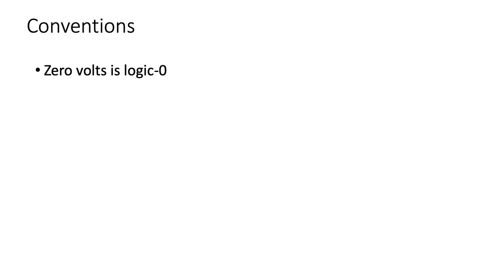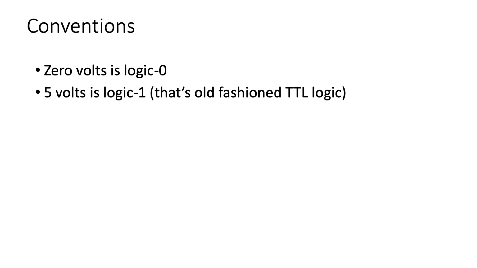In logic design, normally we set a convention that 0 volts, when the power is off, we consider as logic 0. On the other side, when the power is on, depending on the circuit, it's going to be either 5 or 1.5 volts, depending on the system, and we consider that logic 1.